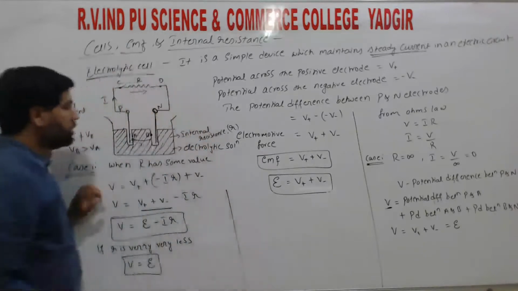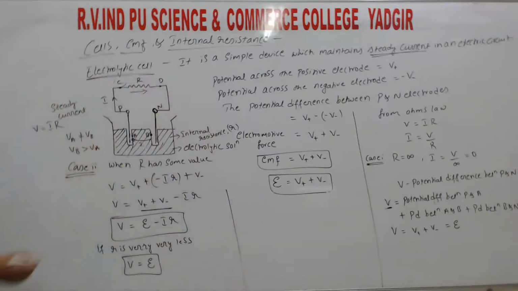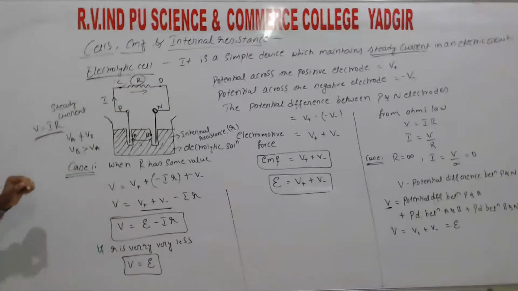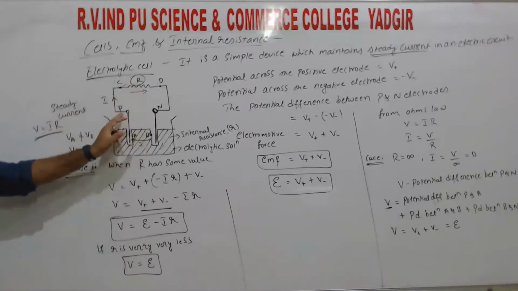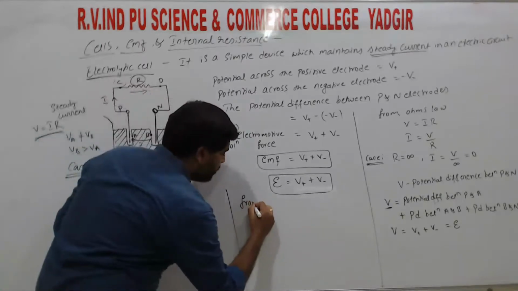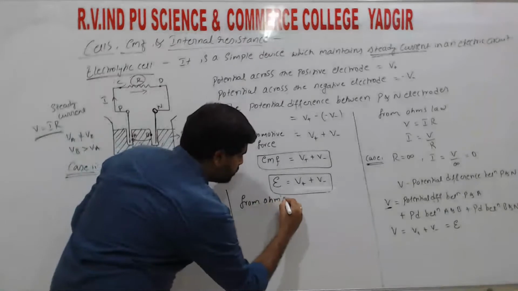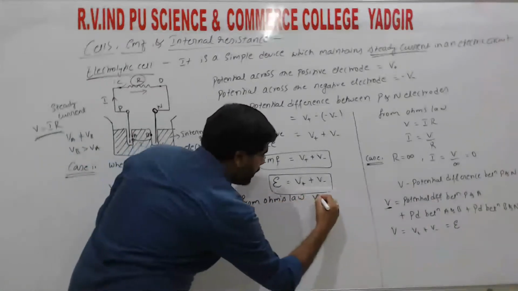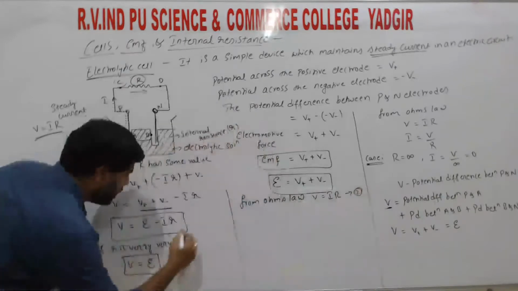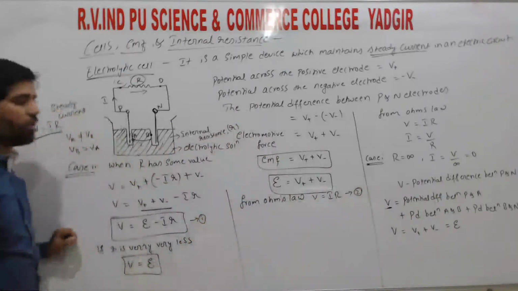So next, again from Ohm's law, the potential across this resistance we take as V equals IR. The same potential is between P and N, right? So from Ohm's law, V equals IR. Calling this equation 2 and the earlier one equation 1.